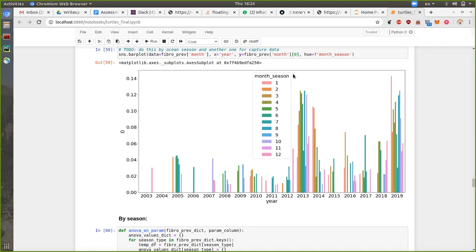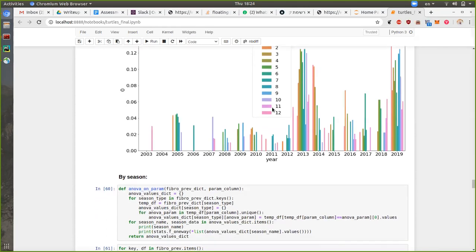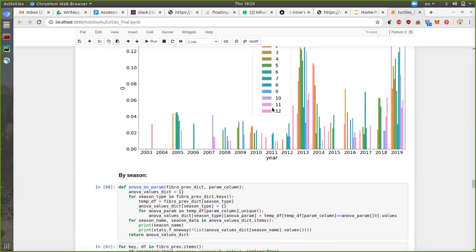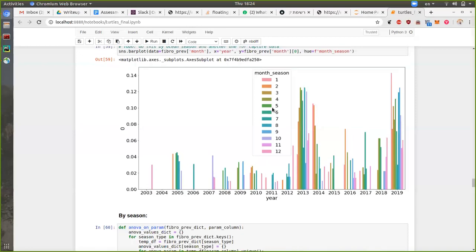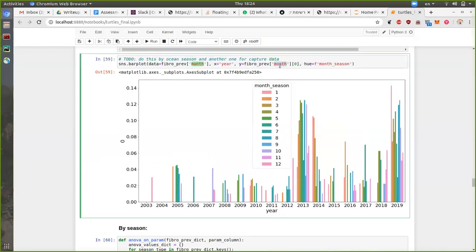So I don't know. We can look at the prevalence, the pattern. Even this graph that we're looking at right now is telling us something. When I look at it, it's like something happened in 2005, 2013, 2014, and 2019.